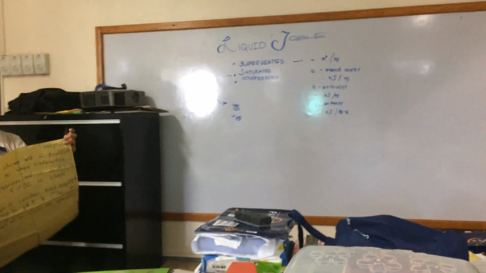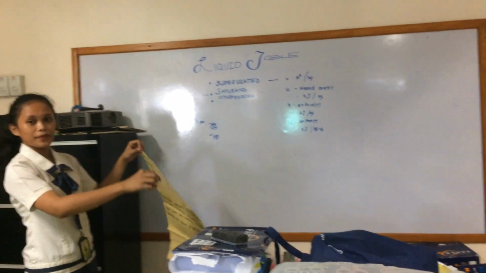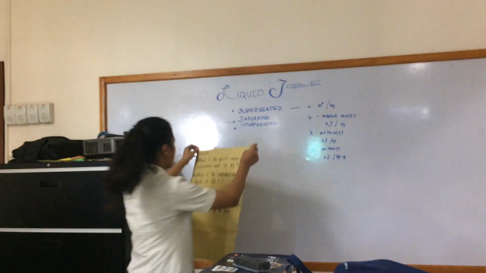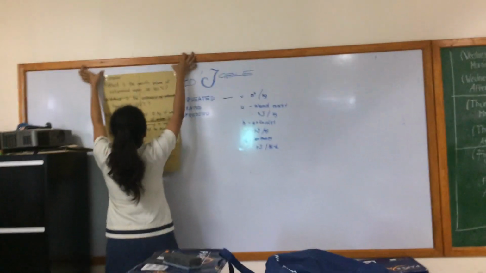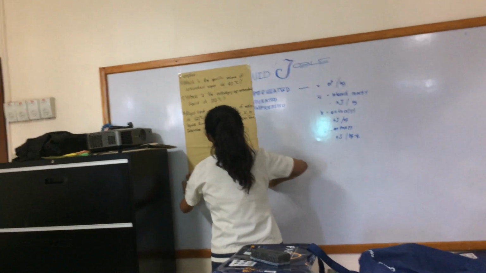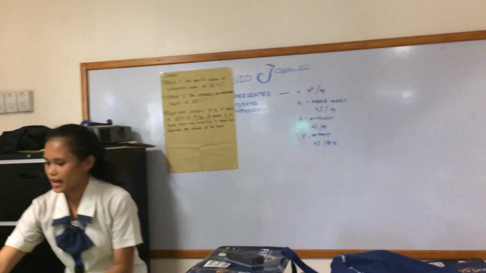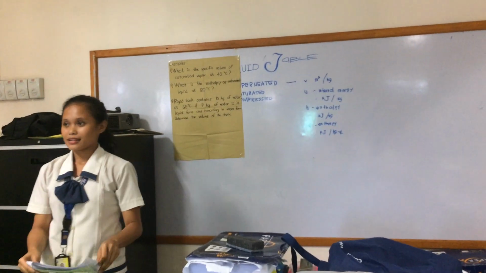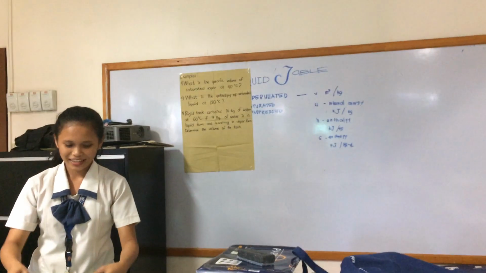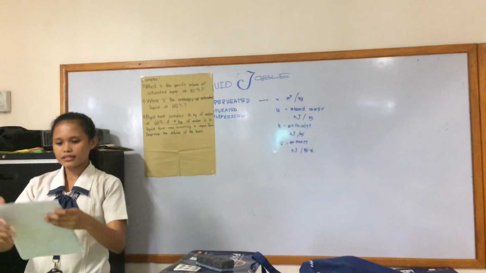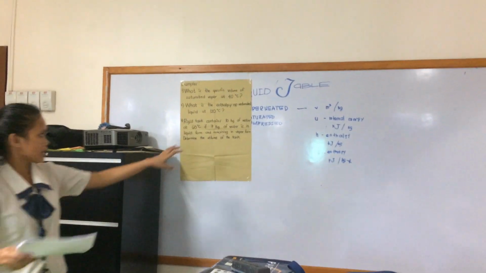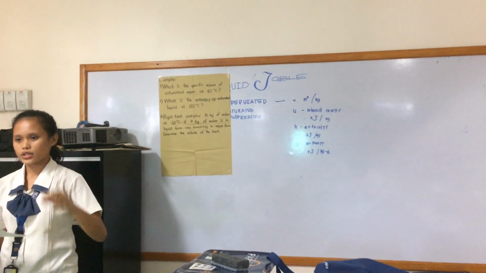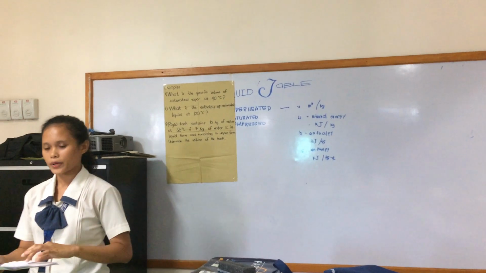Thank you so much. For now, let's have some examples using the liquid table. But before we proceed, in the liquid tables there are three: superheated water vapor, saturated water vapor, and the compressed liquid.